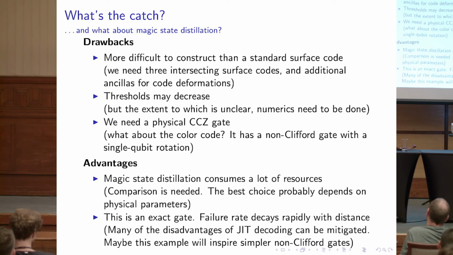So even though the color code is typically a little bit worse because we have to do these weight 6 checks, it might catch up a little bit compared to the surface code because it only has a single qubit transversal non-Clifford gate rather than a 3-qubit one.